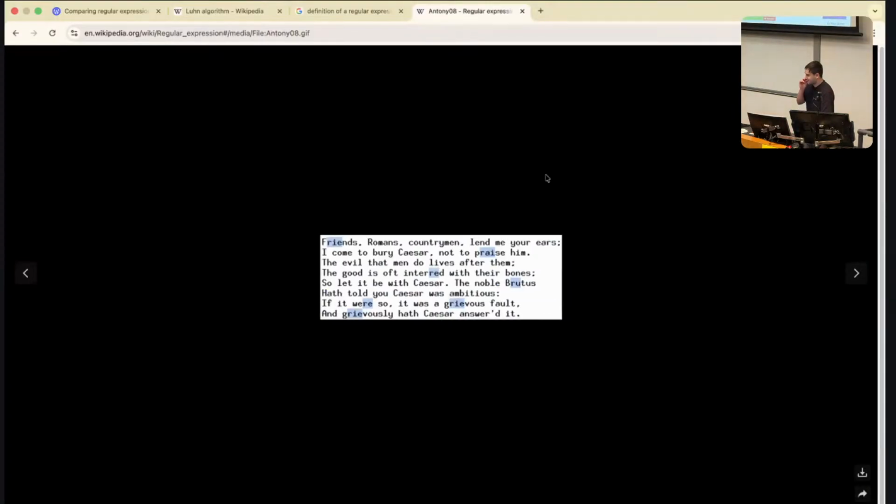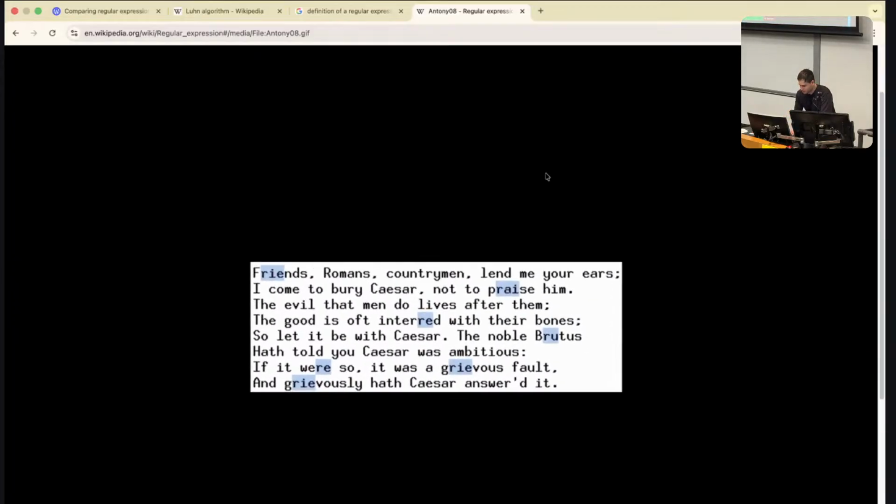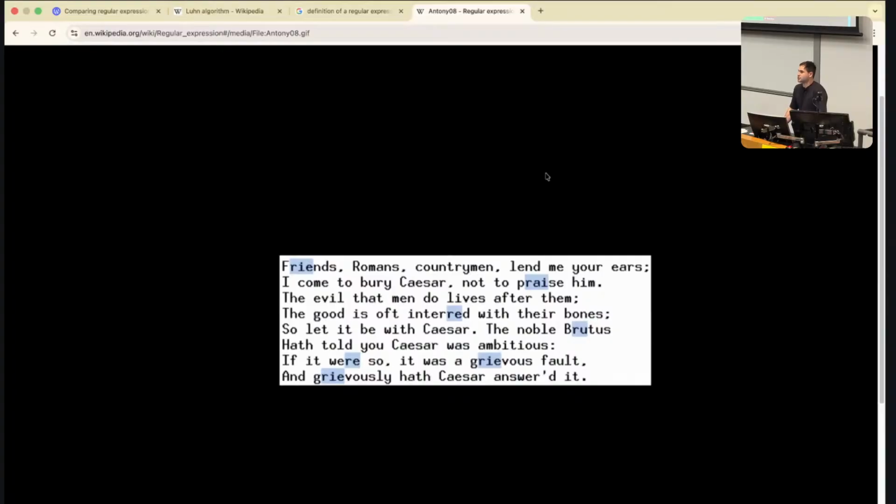Here's an example. There's some text here, and the blue rectangles represent matched patterns. If you look at it, you might say, well, this doesn't really make much sense. So we have RIE, then we have RAI, then we have RE, then we have RU. It's not just matching a sequence of characters, but a very specific pattern.